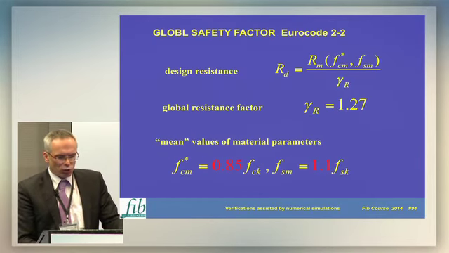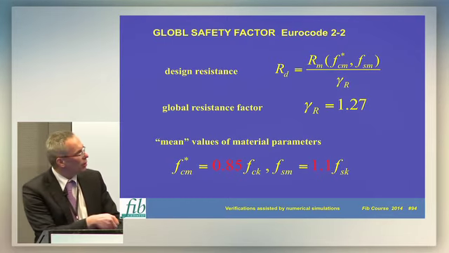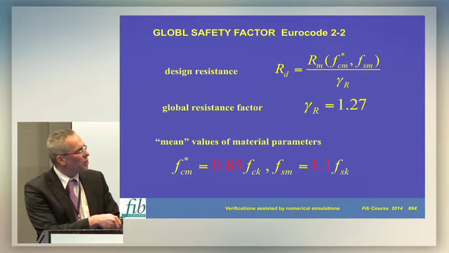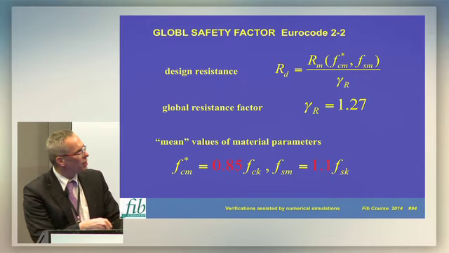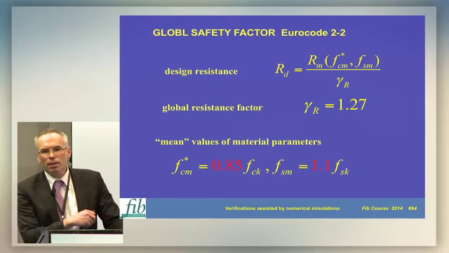There is one more approach, which comes from Eurocodes, which also is nice in the sense that only one analysis is necessary. This analysis is calculated, so to speak, with a mean value, but it is not really a mean value, because to calculate this resistance, we use mean values for reinforcement, but values for concrete are not mean, as you see here. They are even lower than the characteristic ones.